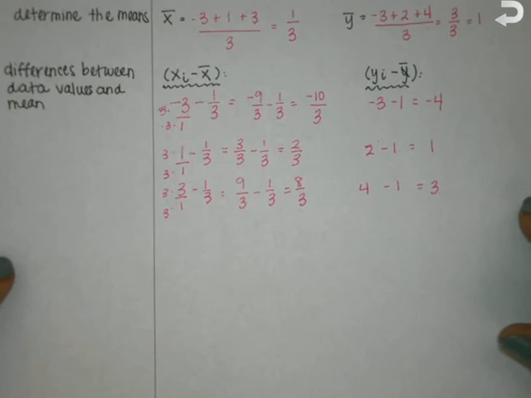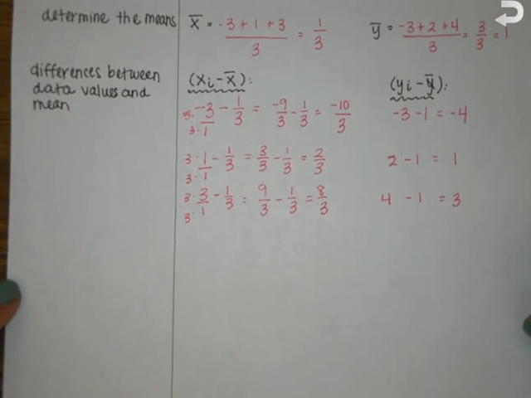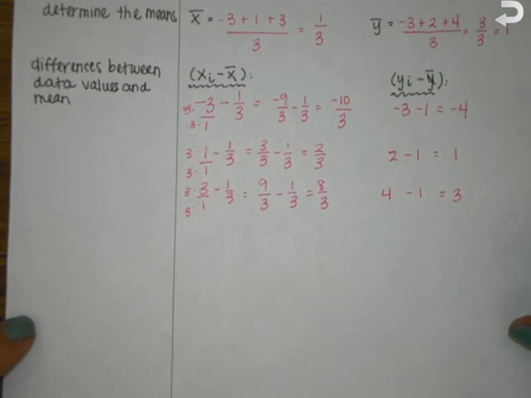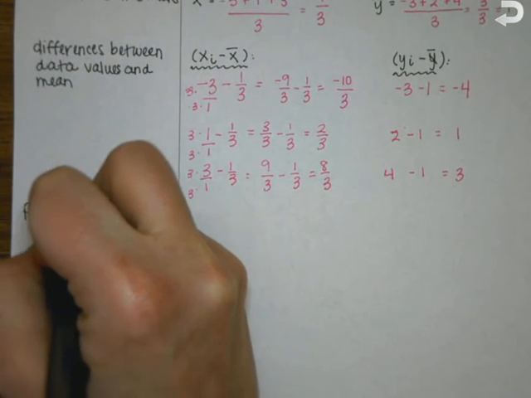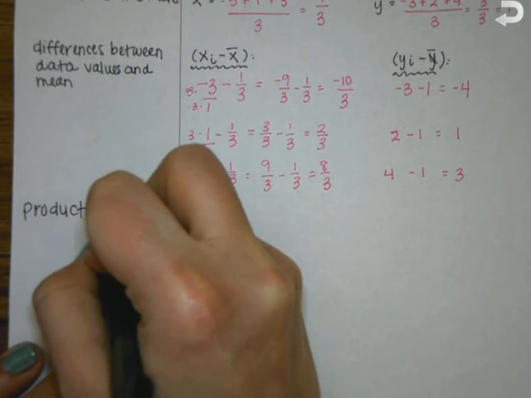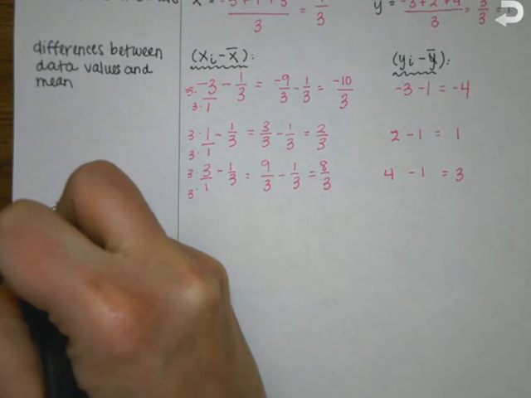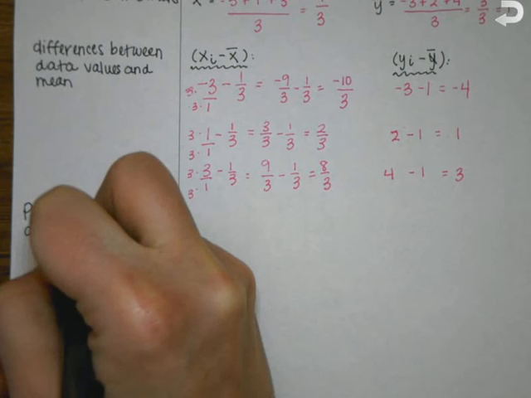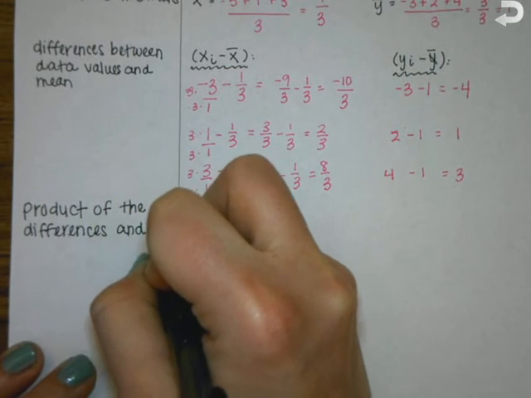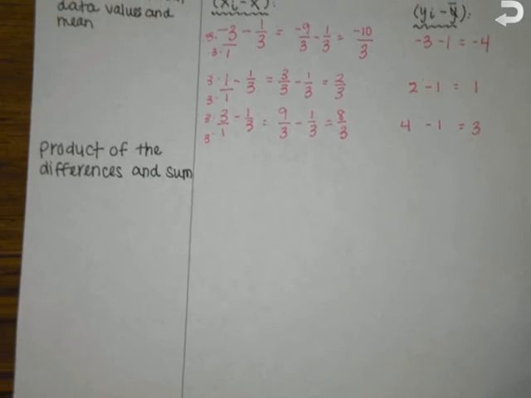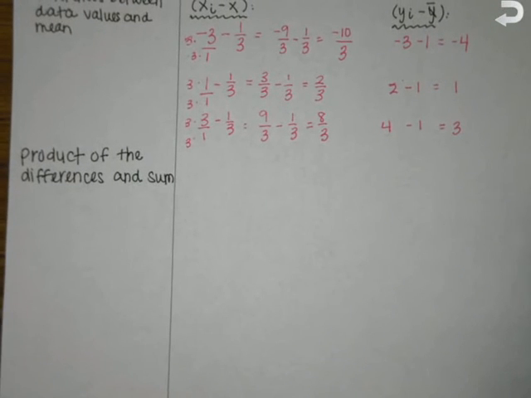So let's write it in words first: the product of the differences, and then we're going to sum them up.